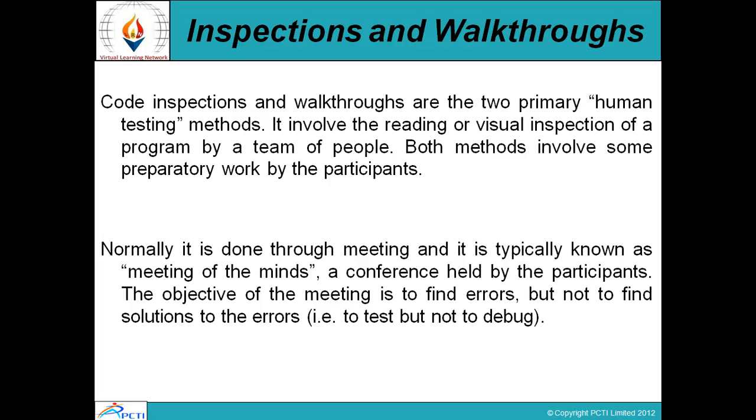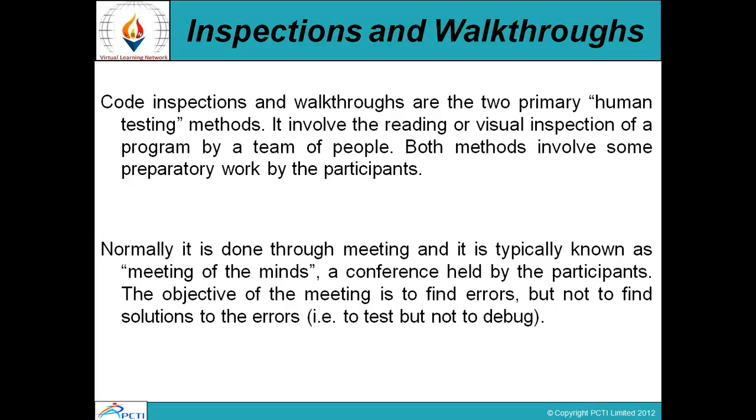The next topic is inspections and walkthroughs. Code inspection and walkthrough are the two primary human testing methods. They involve the reading or visual inspection of a program by a team of people.